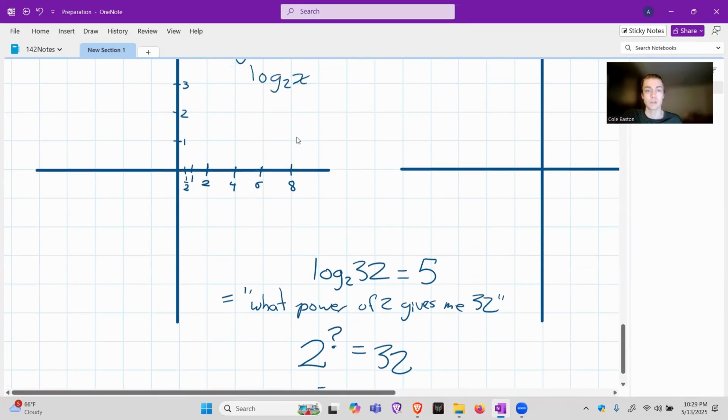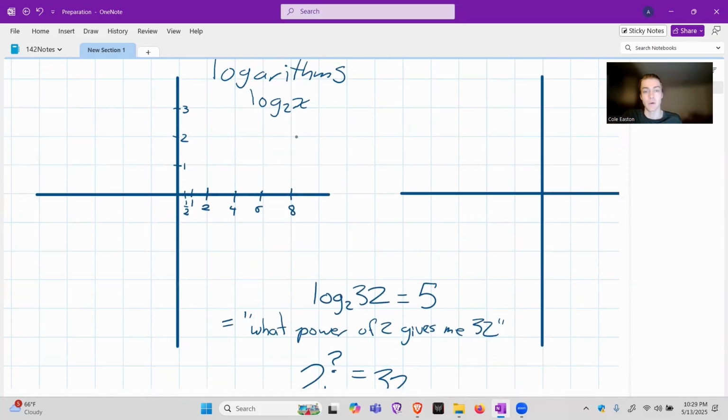And so that should help us think about how to make the table here for graphing the log function. So we're going to see how many inputs we want. 1, 2, 4, 8. Okay. This is a little bit slanted, but that's okay.